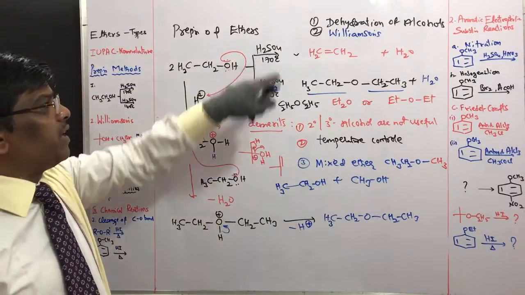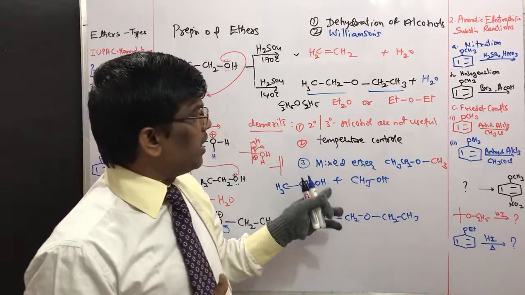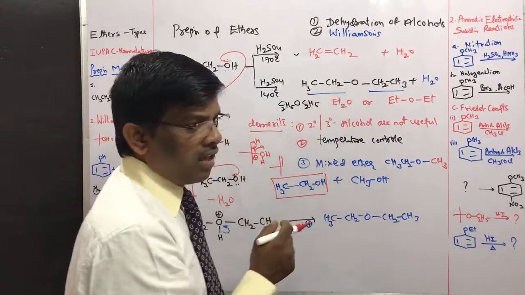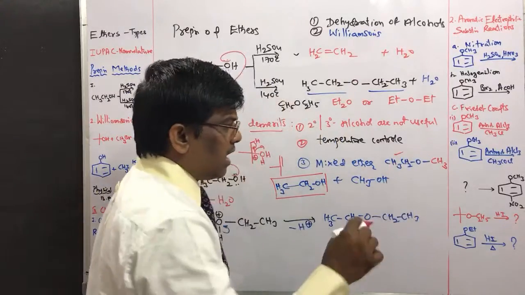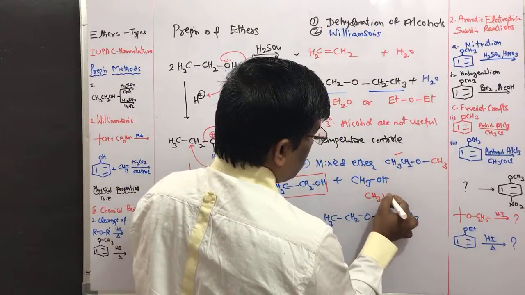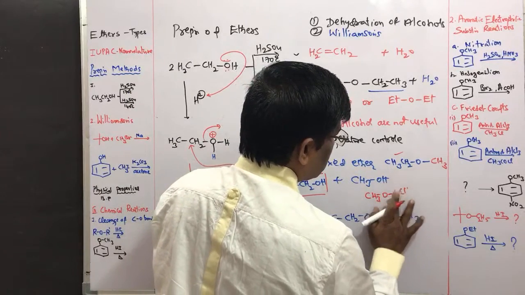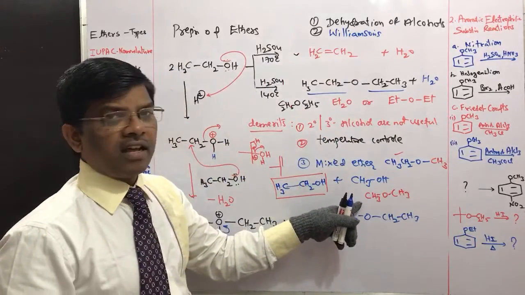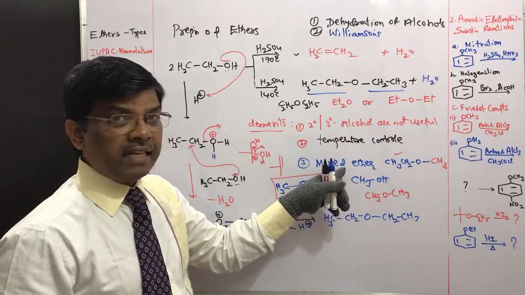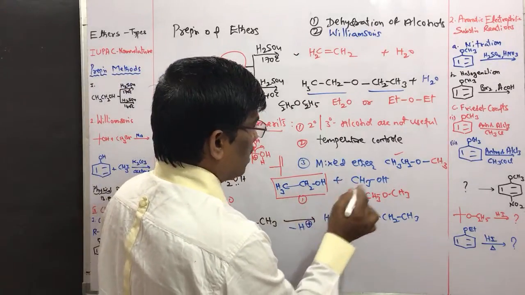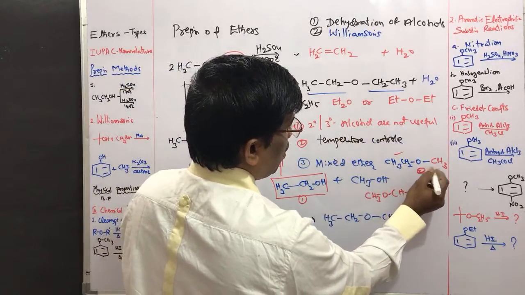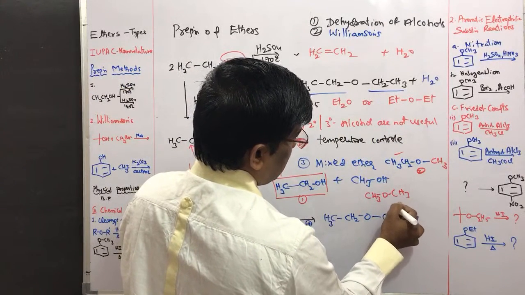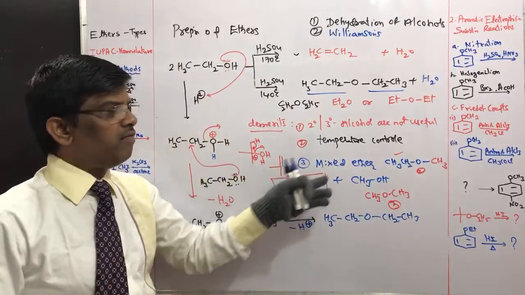When I treat it with sulfuric acid, which alcohol is going to give this ether? There is a chance of giving diethyl ether, a chance of giving this, and a chance of giving dimethyl ether also. So if I want to make mixed ethers, I am going to end up with diethyl ether, methoxyethane and methoxymethane. Three products, a mixture of these three.